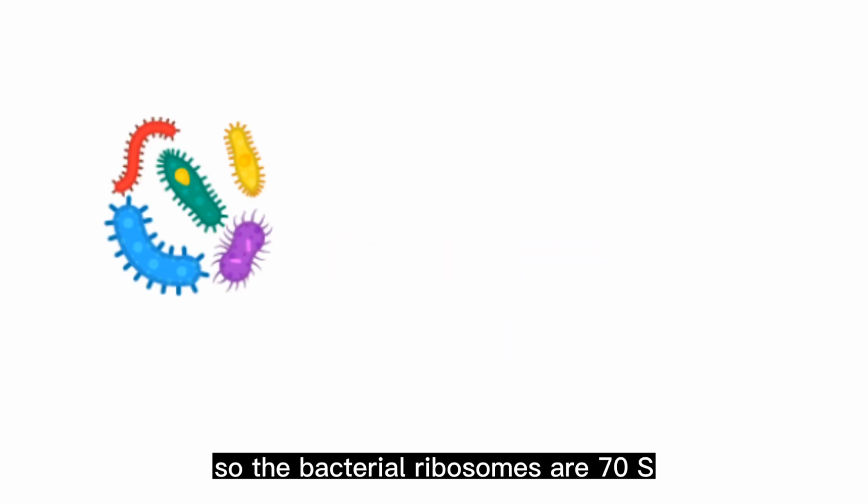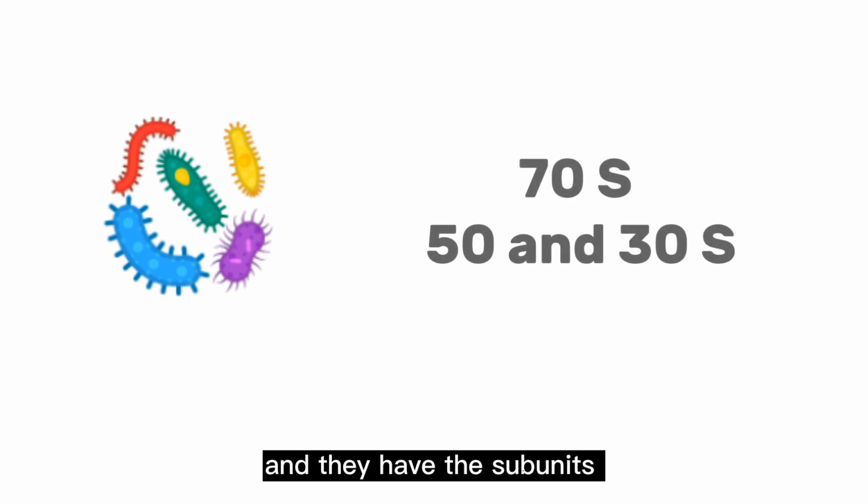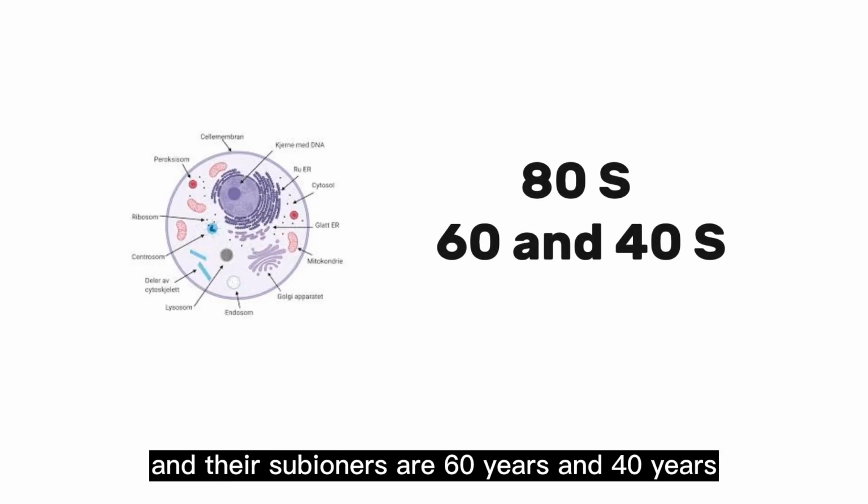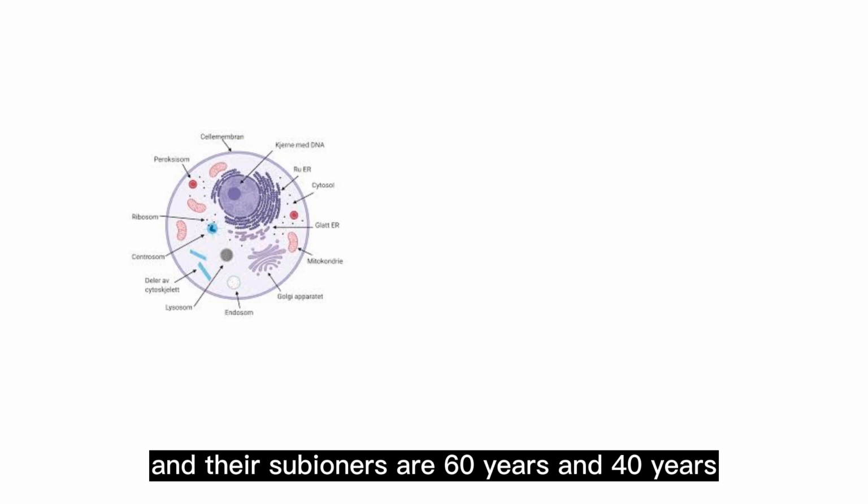So the bacterial ribosomes are 70S and they have the subunits 50S and 30S. And the eukaryotic ribosomes, they have 80S ribosomes and their subunits are 60S and 40S.